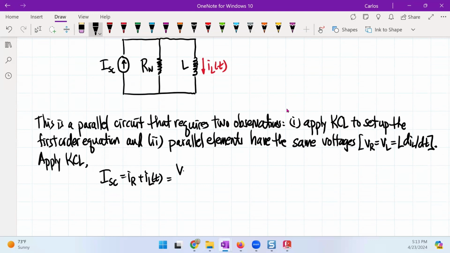So this is going to be the voltage of the inductor divided by the Norton resistance plus IL of t. So now using the inductor voltage, I'm going to get a term that reads L over Rn dIL/dt, and that equals I short circuit minus IL. So this is the result of applying KCL.